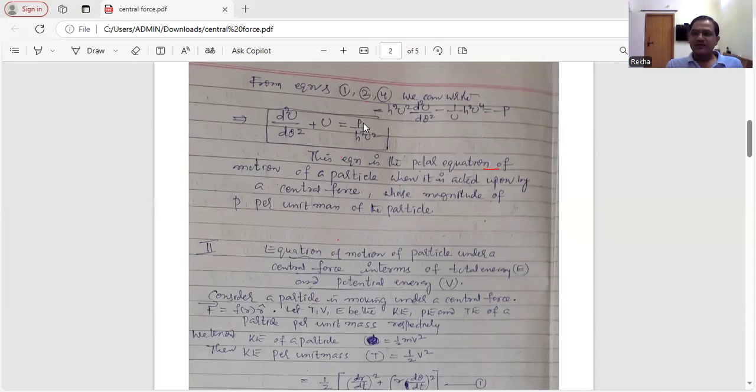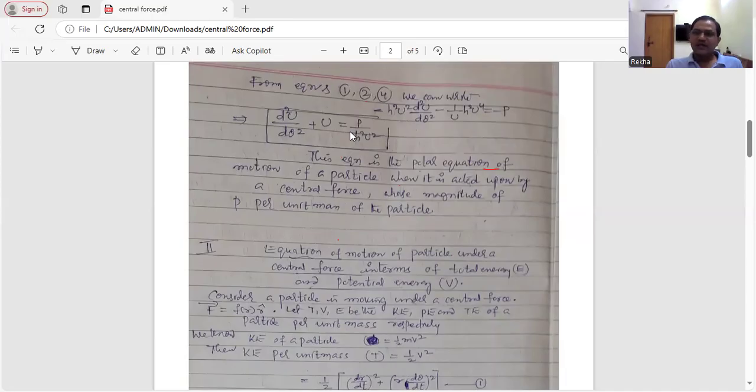Here, the gravitational force between the planet and the sun is an example of the central force. In this case, P is equal to the gravitational force acting on the planet per unit mass. What is the gravitational force between the planet and the sun? That is equal to G capital M small m by r square.